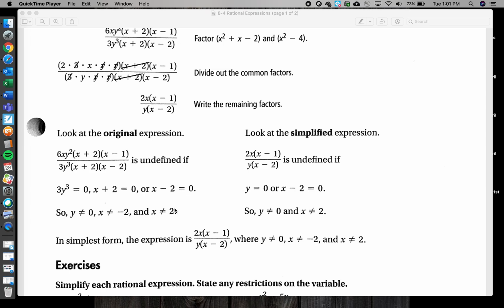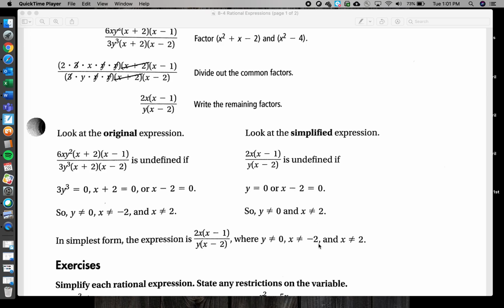So what that means is that you cannot have any of these values. So when you look at the simplified expression, notice you still get y cannot equal 0. You still get x cannot equal 2.